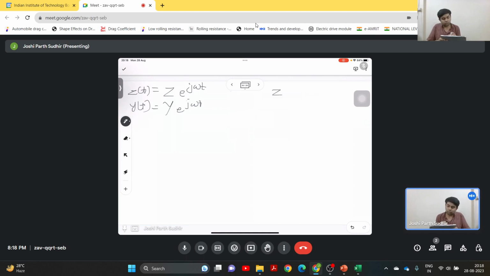So z dot will be j omega Z e to the power j omega t, and z double dot will be equal to (j omega) whole square Z e to the power j omega t, or minus omega square Z e to the power j omega t.